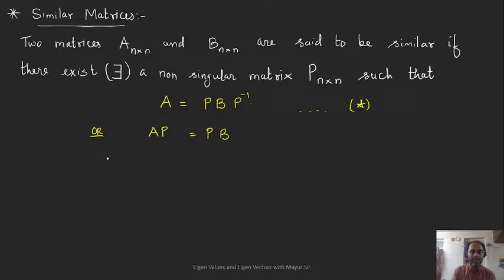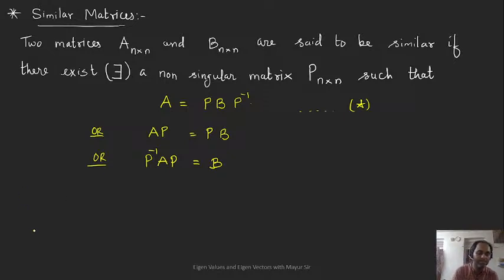Then the next is P inverse AP equals B. Okay, P inverse AP is B. These are three variations in the definition.